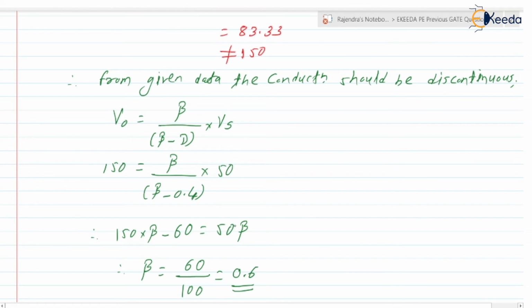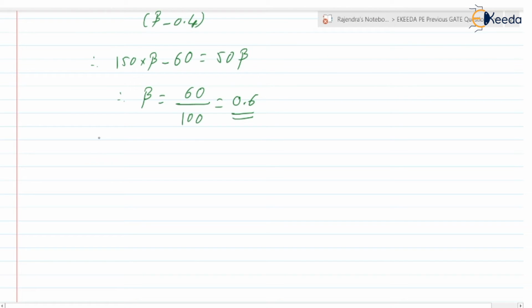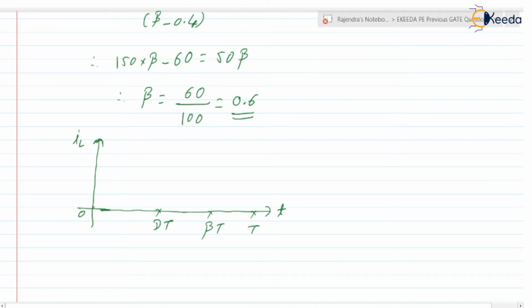The meaning is, the inductor stores the energy from 0 to dT, and from dT to betaT the inductor releases the energy. If you draw the waveform of iL, because the conduction is discontinuous, the iL waveform will be like this. This is the time 0, here it is dT, here it is betaT, and here it is T. From 0 to dT, the inductor goes on storing the energy.